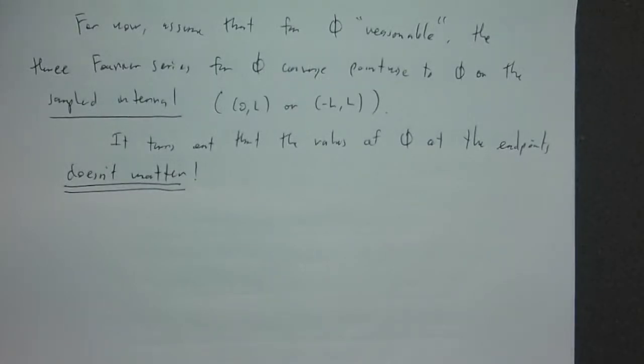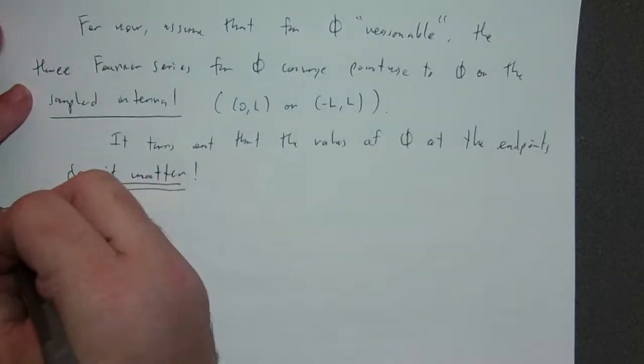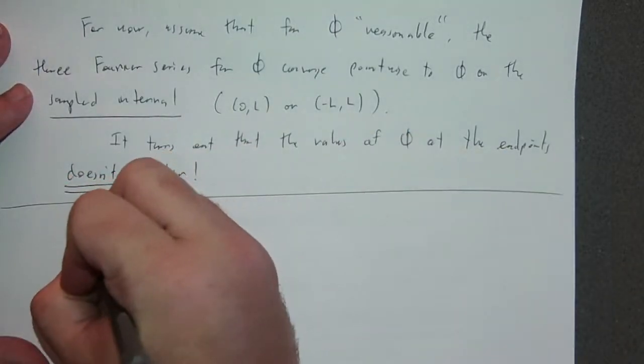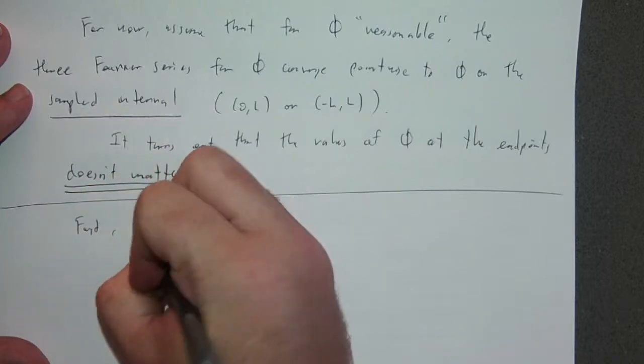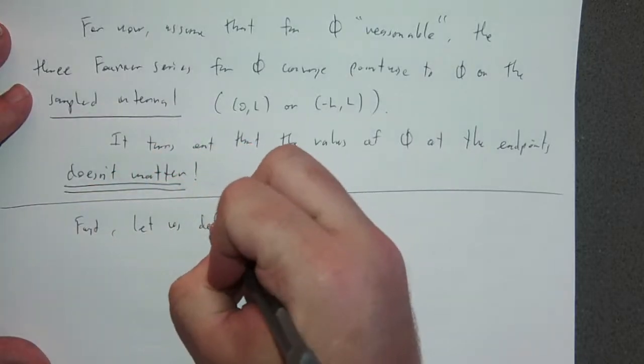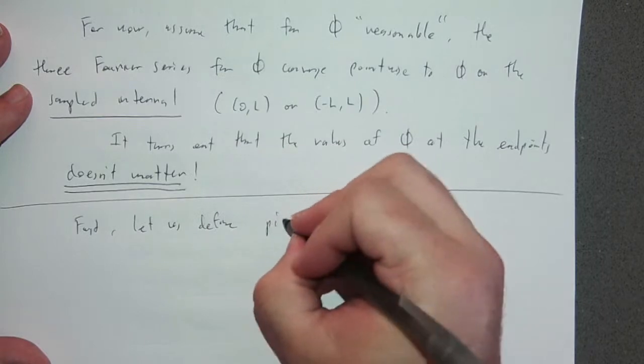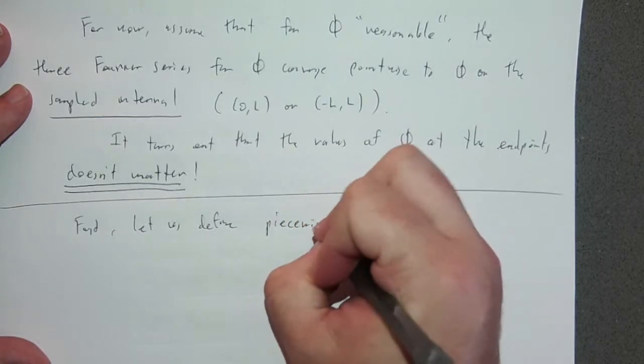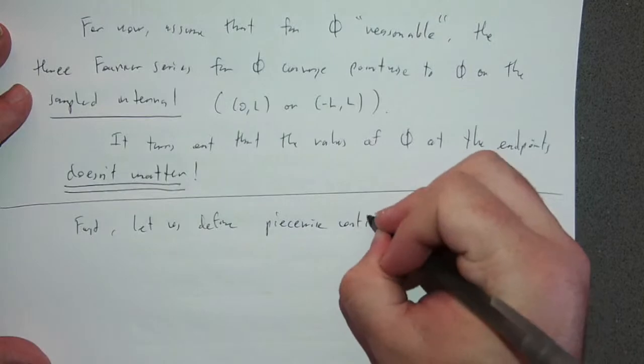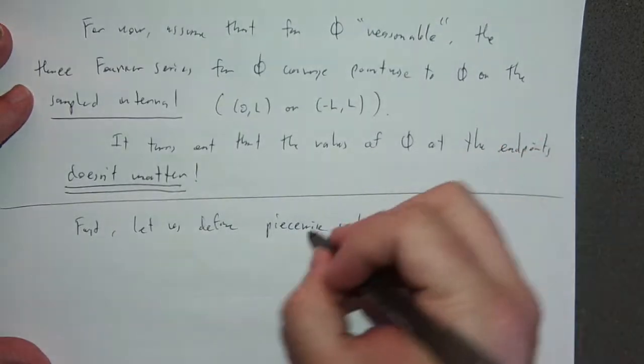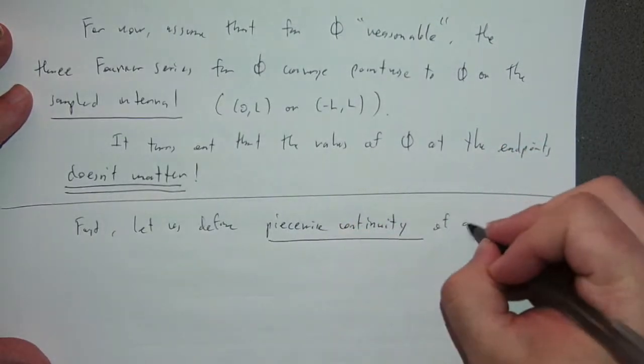So in order to talk about the convergence of these things, we should mention what it means for a function to be piecewise continuous. So first, let us define piecewise continuity of a function.